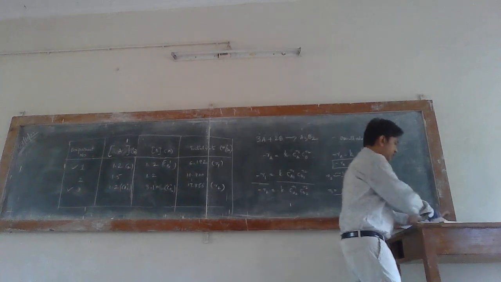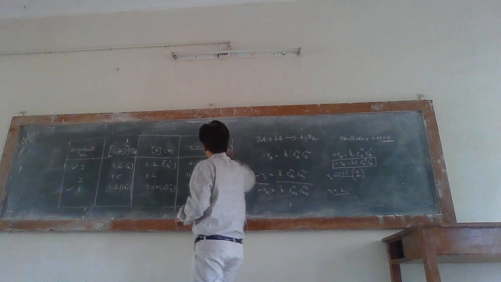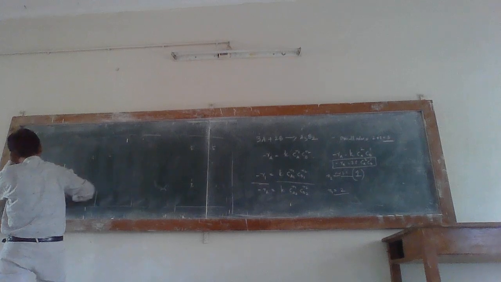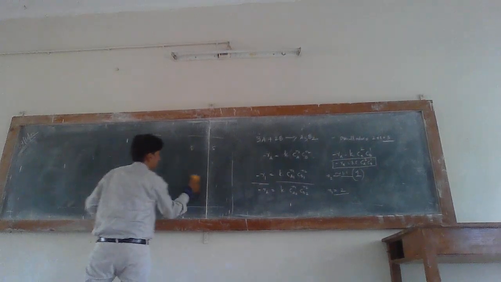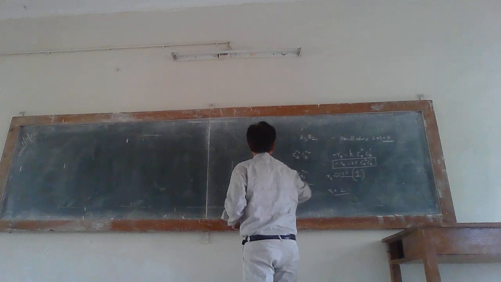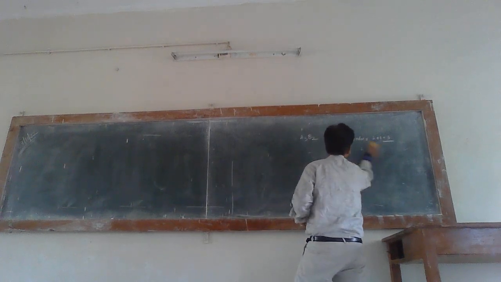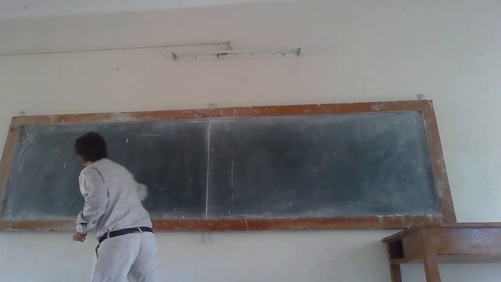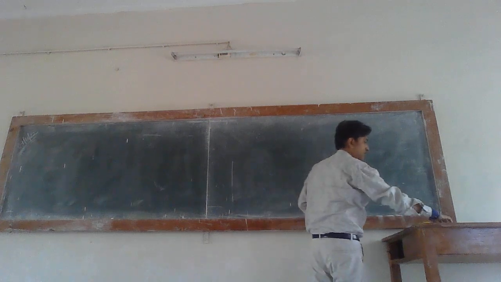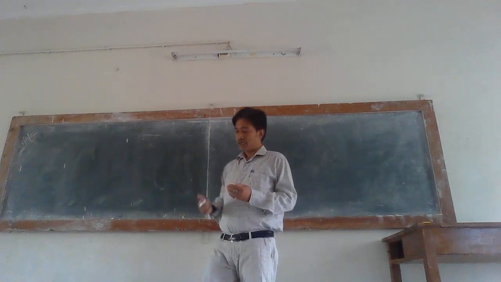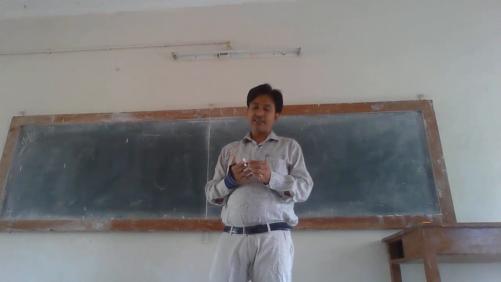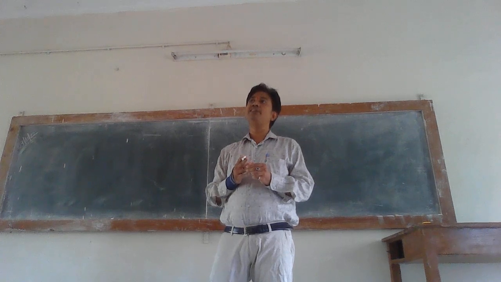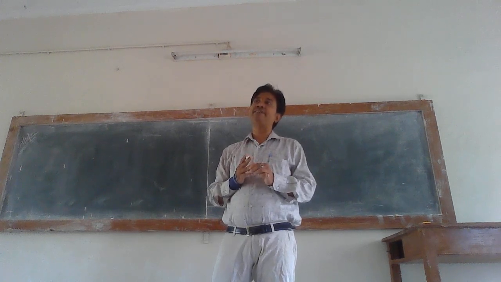Now let us come to the activation energy concept which we have covered in the previous class. I discussed the Arrhenius law, which talks about the temperature dependency of the reaction rate.